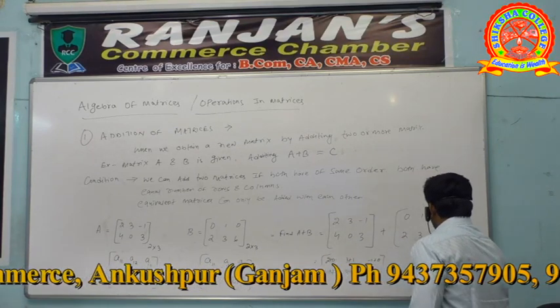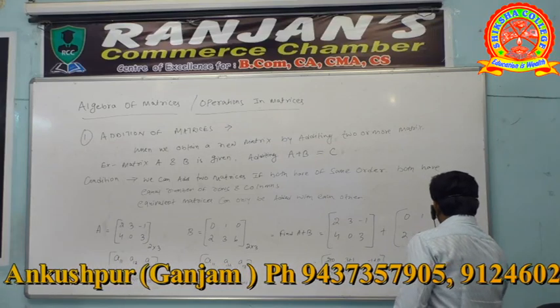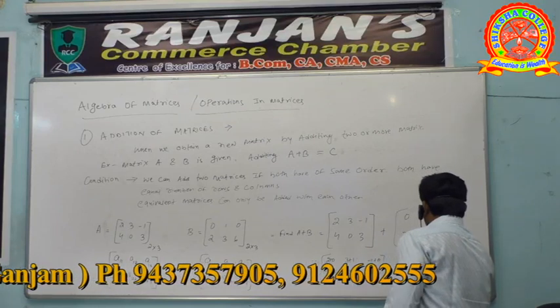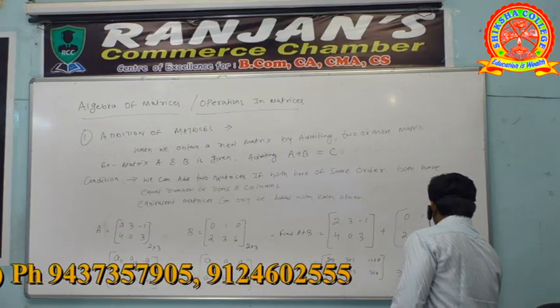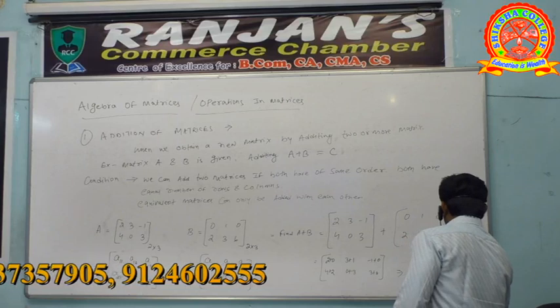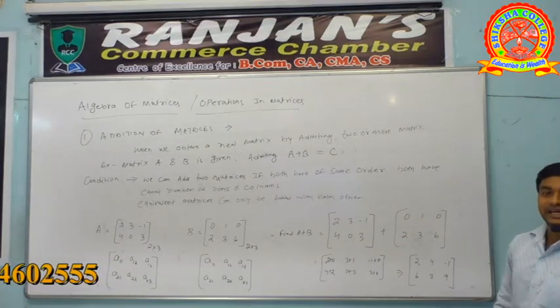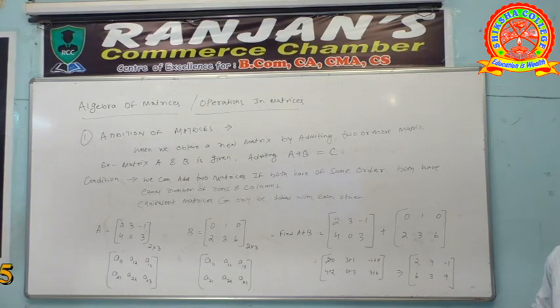2 plus 0 is 2, 3 plus 1 is 4, minus 1 plus 0 is minus 1, 4 plus 2 is 6, 0 plus 3 is 3, 3 plus 6 is 9. So A plus B is 2, 4, minus 1, 6, 3, 9.